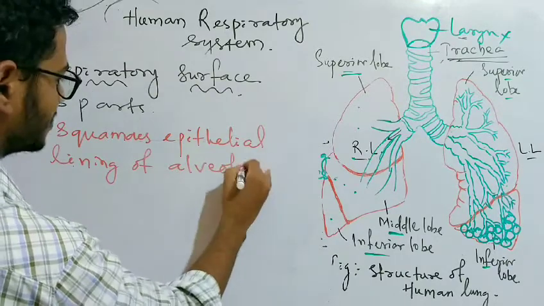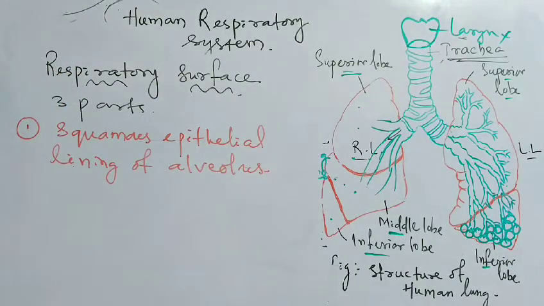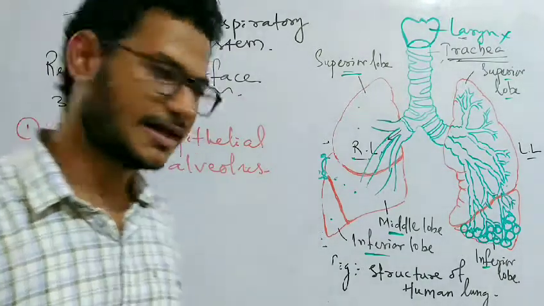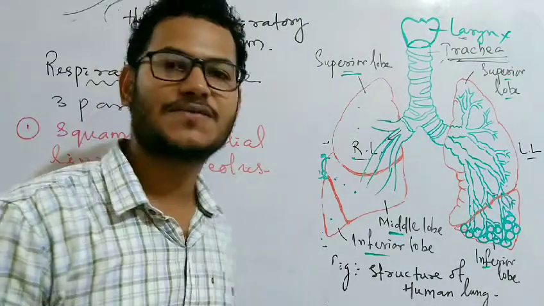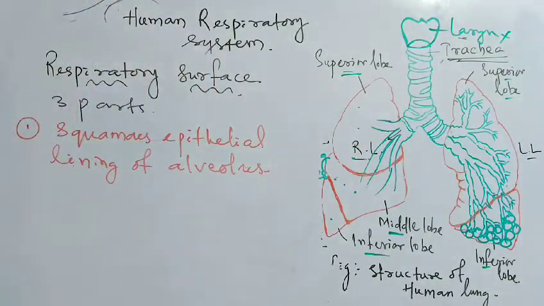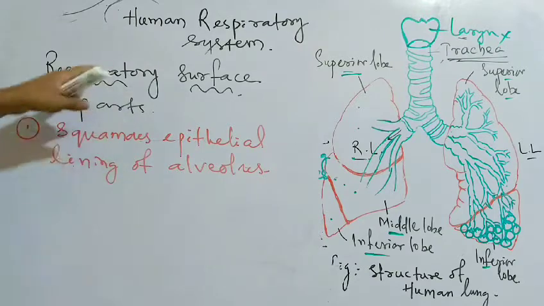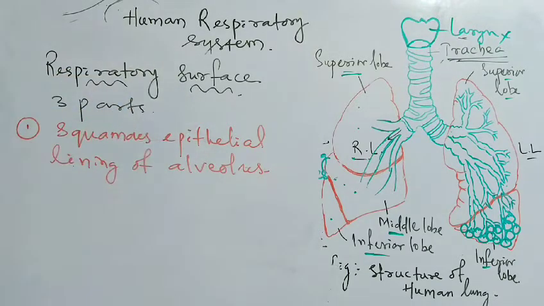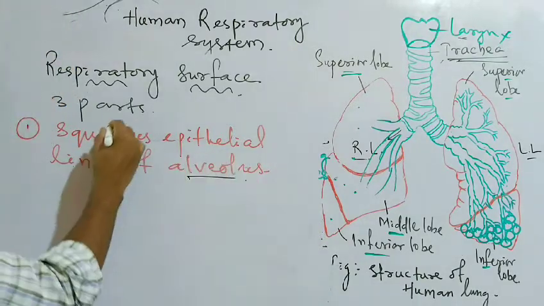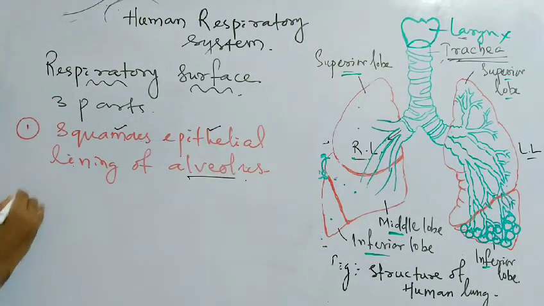The squamous epithelial lining of the alveolus makes the first part of the respiratory surface. As I have told you, the respiratory surface means the surface through which the respiratory gases travel or diffusion occurs. So this is the first part, the squamous epithelial lining of the alveolus.